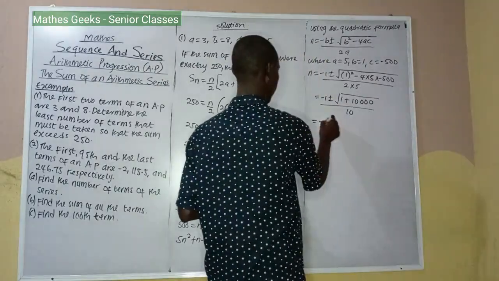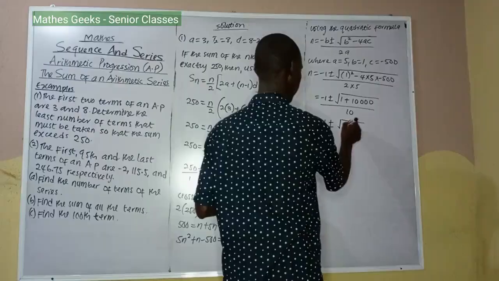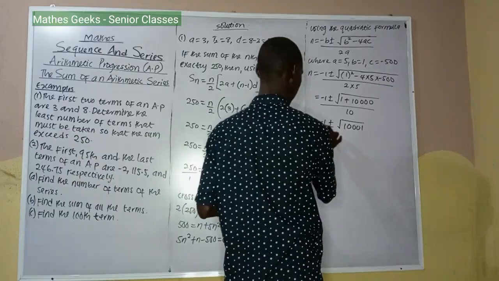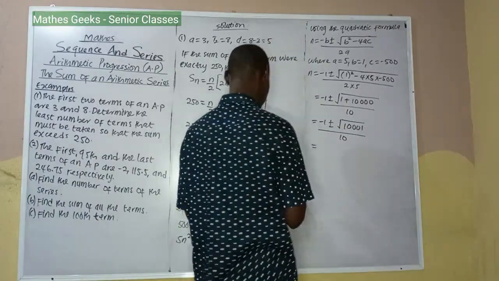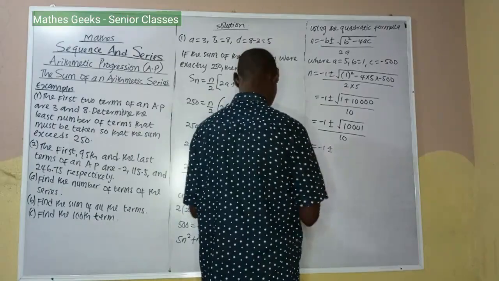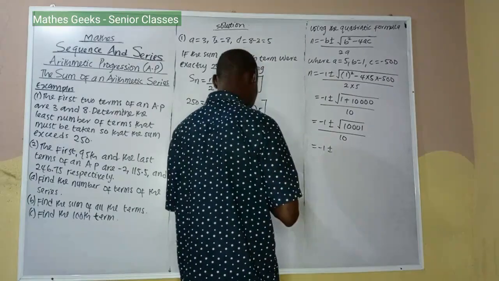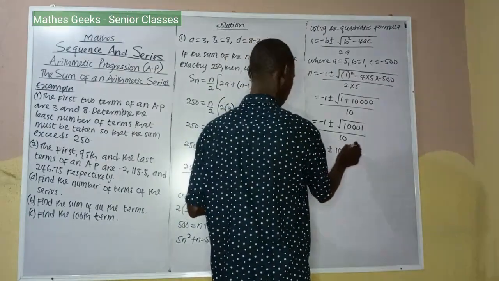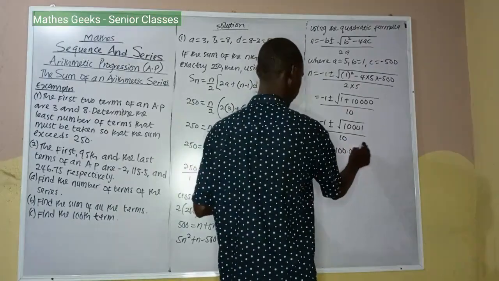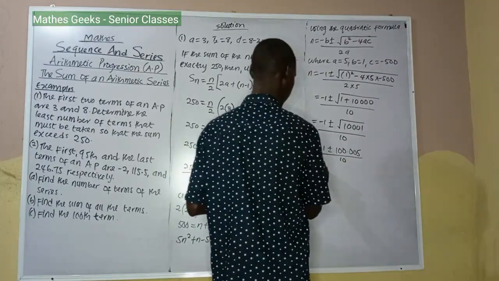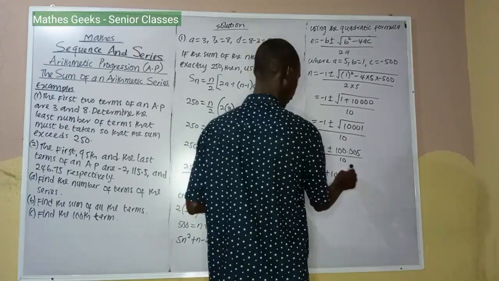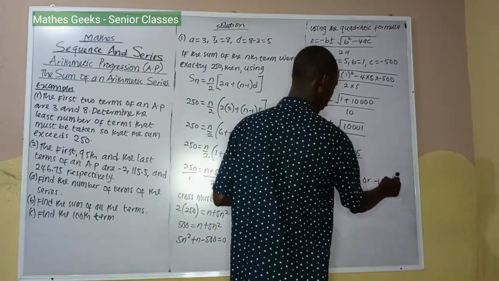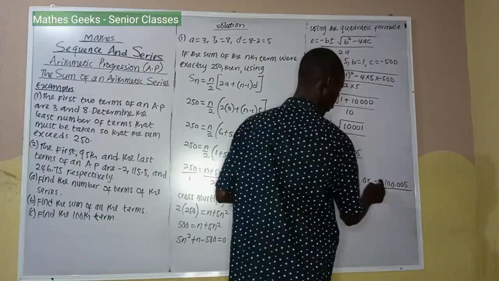So 1 plus 10,000 gives us 10,001 over 10. This will give us minus 1 plus or minus the square root of 10,001, which is about 100.005, divided by 10. So minus 1 plus 100.005 over 10, or minus 1 minus 100.005 over 10.